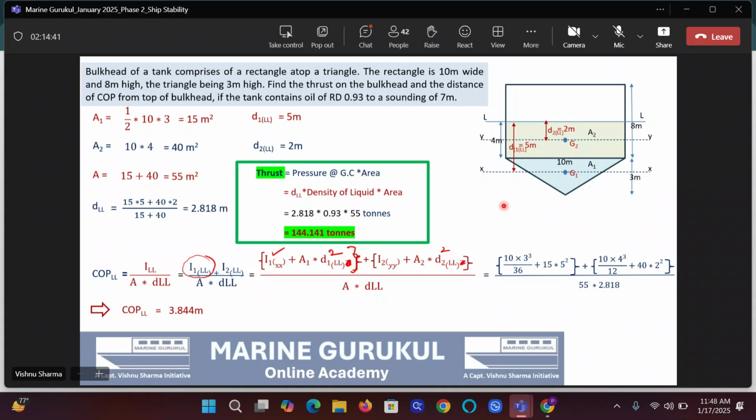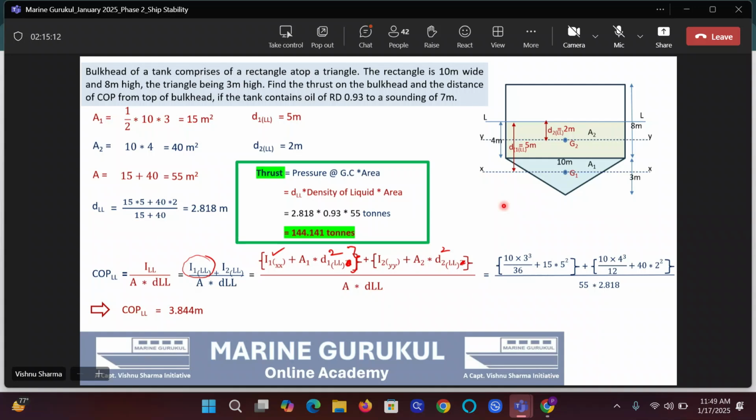Question wants distance from the bulkhead top. Look at the diagram and answer the final question, guys. COP from bulkhead top. Go to the diagram. No beta, 3.844 it is not from the bulkhead top.